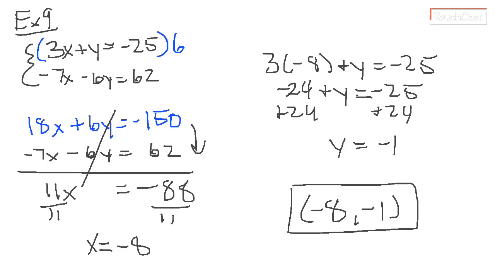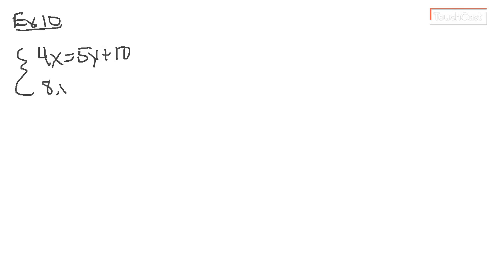Now let's look at example 10. We're going to have 4x equals 5y plus 10, and we're going to have 8x plus 9y equals 58.